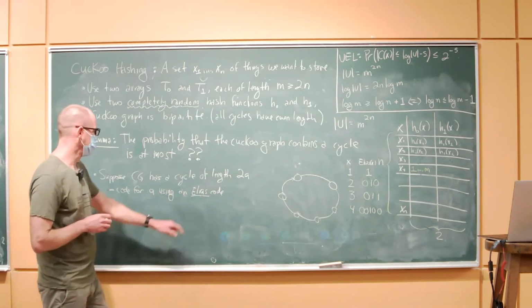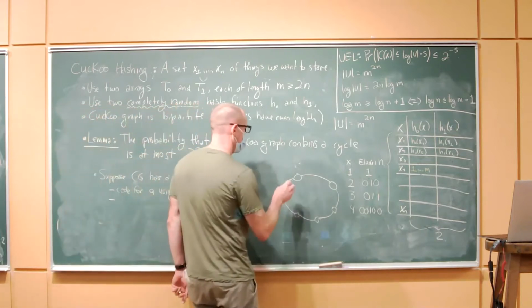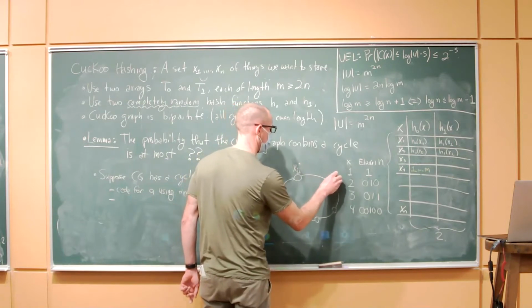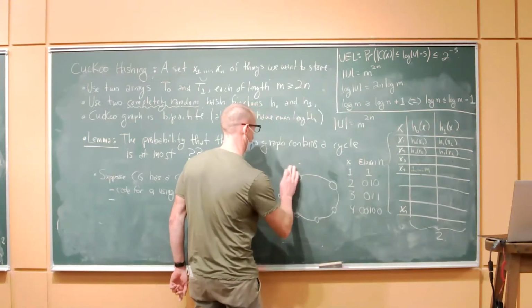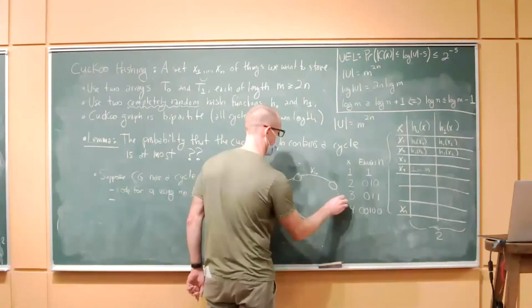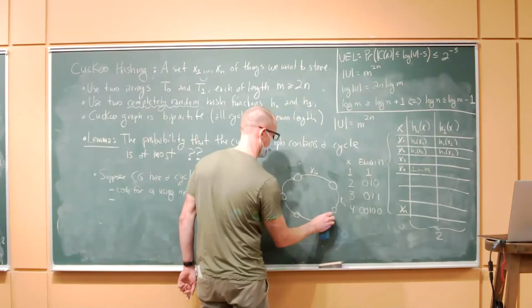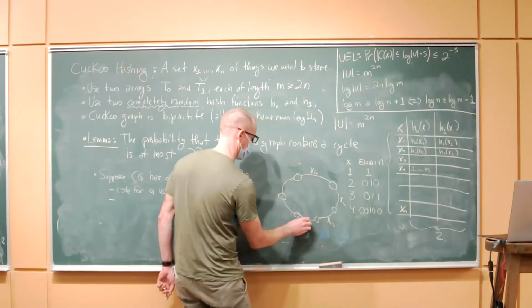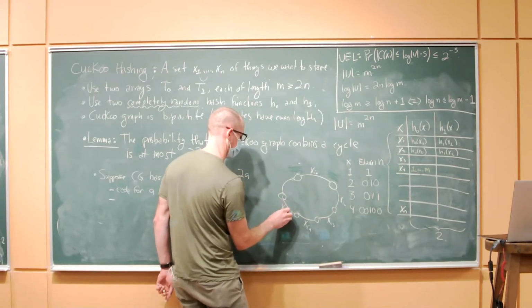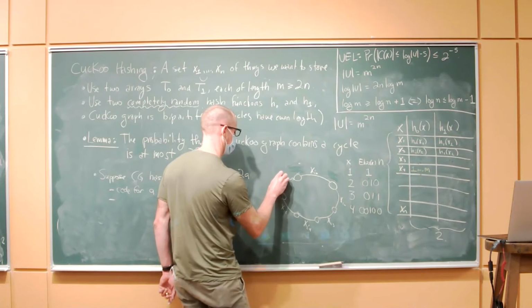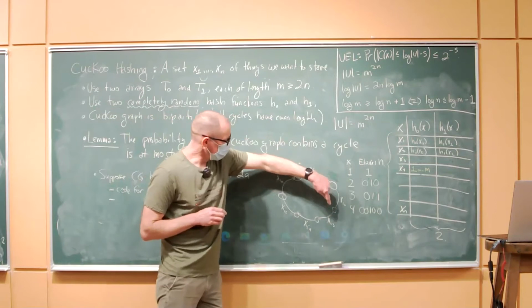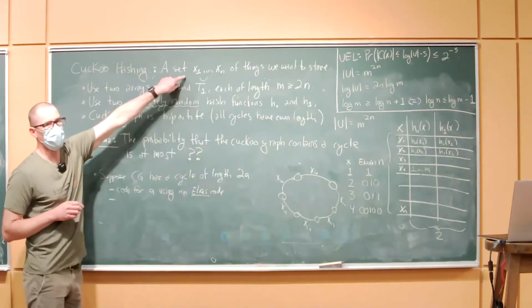Now, the cycle has some vertices, xi1, xi2. So it has some edges, and remember each edge of our Cuckoo graph corresponds to one of these things.